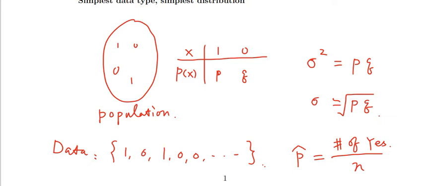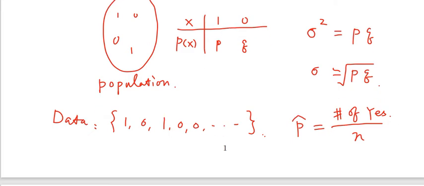Then from here we have an easy way to estimate sigma. We say sigma hat, where hat means estimation, and we can use the square root of p hat q hat.